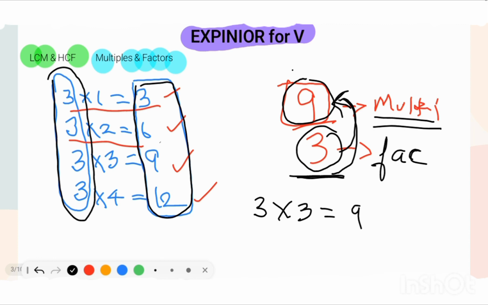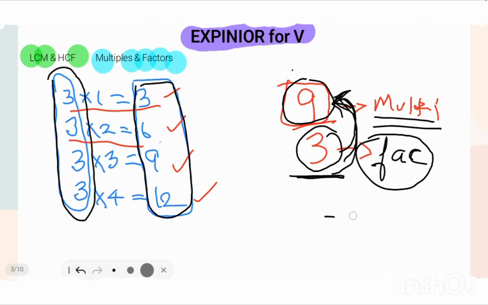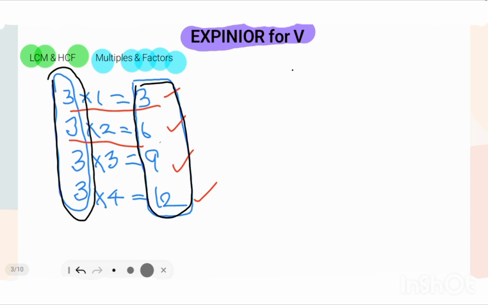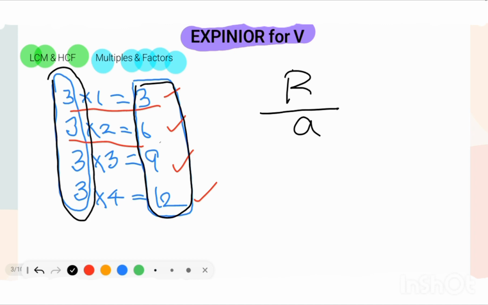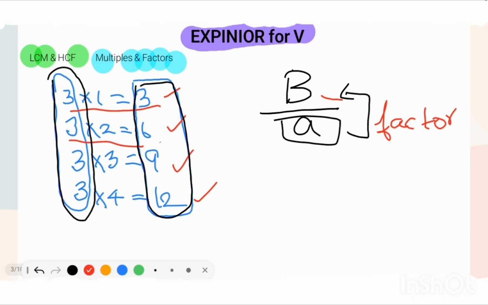Okay, so 3 is happily able to divide 9. So if a number A is able to divide a number B, then A will be the factor of B, and B will be the multiple of A. If B is happily getting divided by A, then B will be the multiple of A. So if a number is able to divide another number, it is the factor of that number.